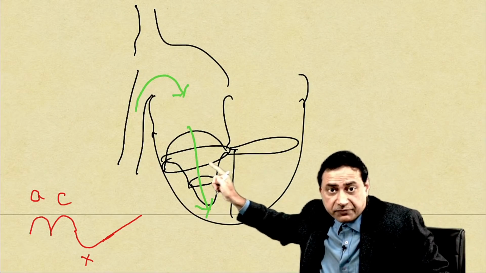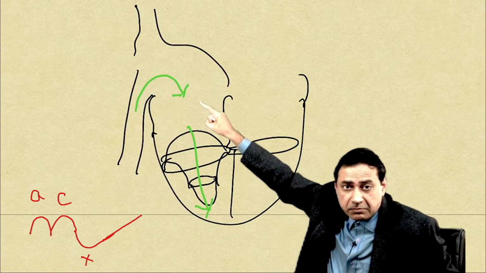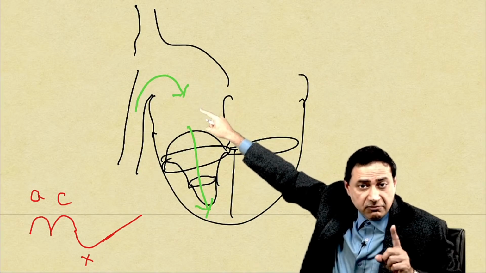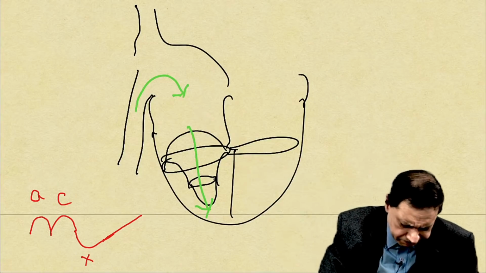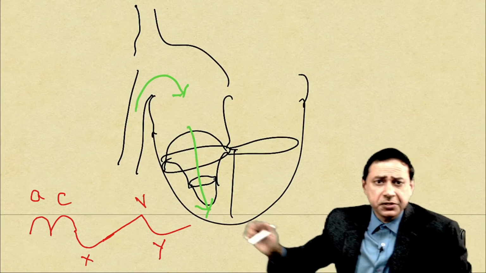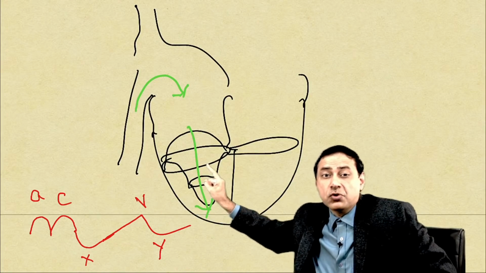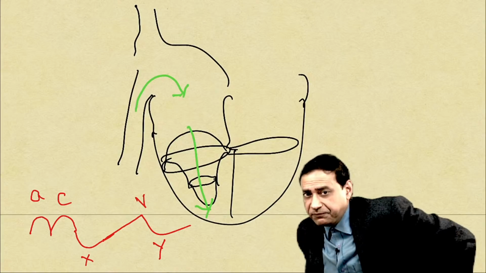Opening of the tricuspid valve. Blood goes from here to here. Pressure here falls again. So this is Y descent. This is V wave. V wave is because of the venous return and Y descent is because of opening of the tricuspid valve.